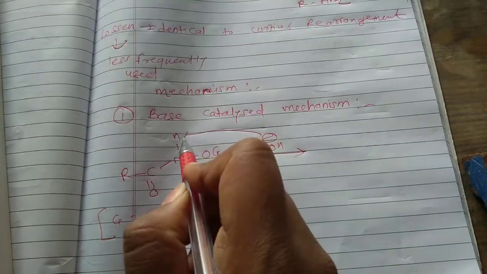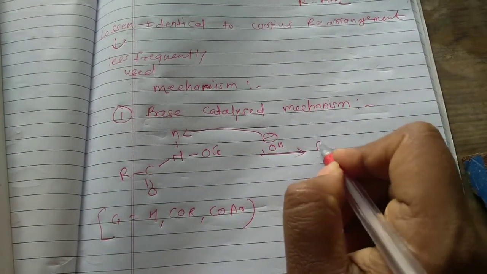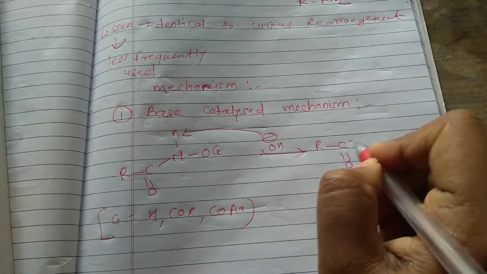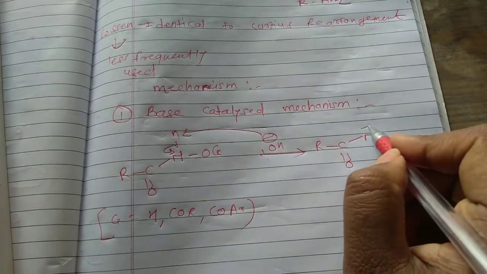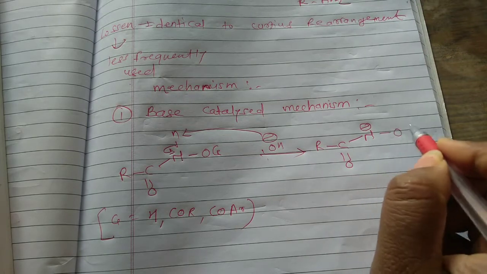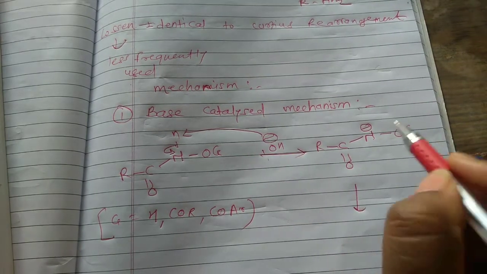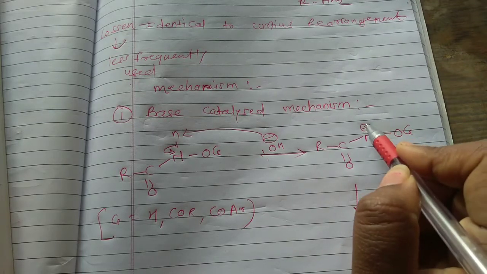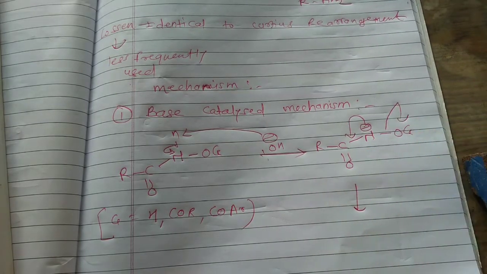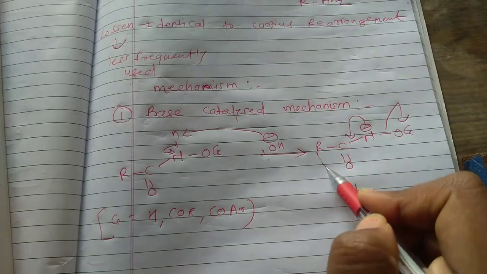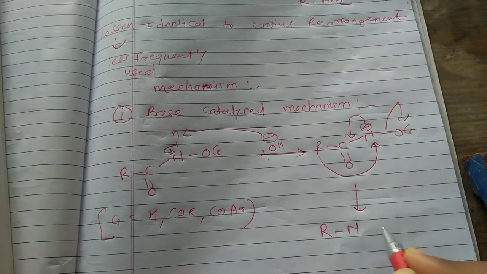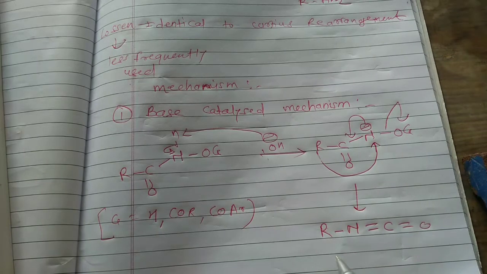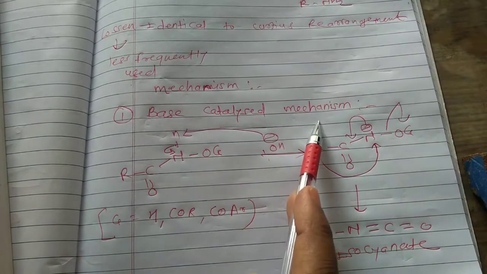Here this OH minus abstracts this hydrogen, and then there is a C double bond O, and this electron is accepted by this nitrogen, that's why it becomes negatively charged. Then this negative charge is shifted to here, and the OG group is a leaving group, it leaves, and R is rearranged to this nitrogen, and there is a formation of R-N=C=O. This is the isocyanate. That means in the base catalyzed reaction, what happened?